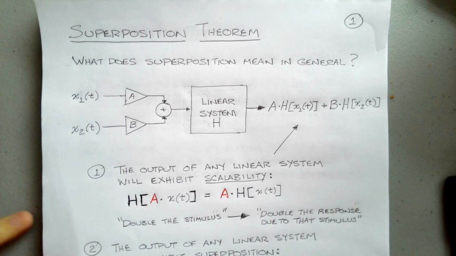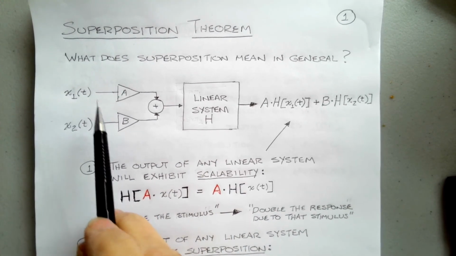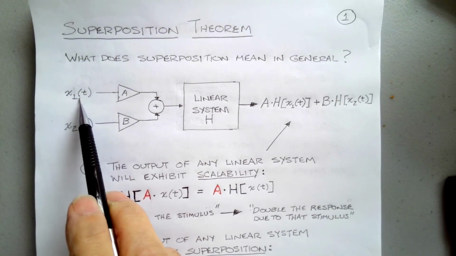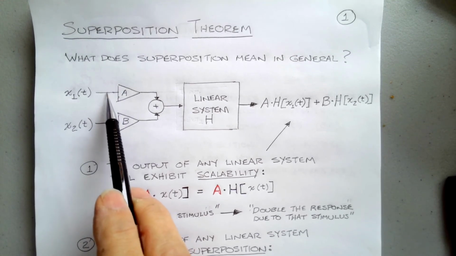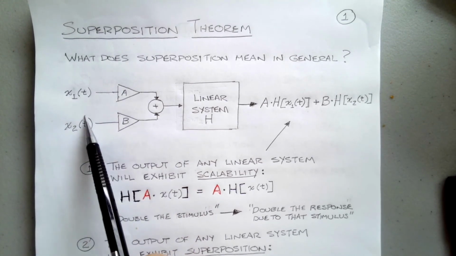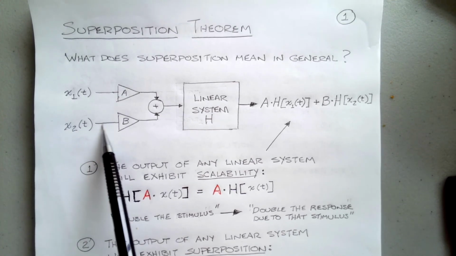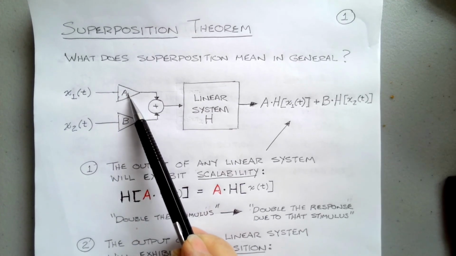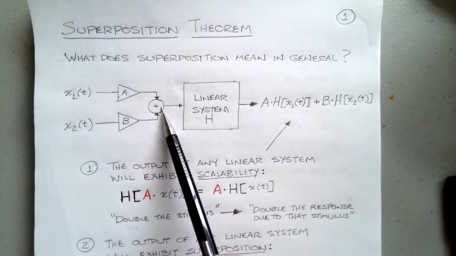Taking a look at our diagram here, if we were to put in a stimulus called x1 of t, some function of time, voltage or current, and another one called x2 of t, another voltage or current as a function of time, and we amplified this one by a factor of a and this one by a factor of b and added them together.